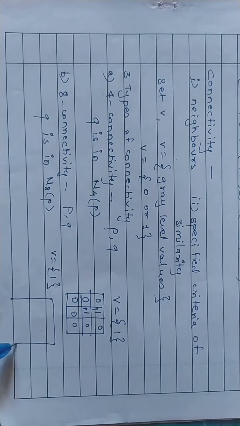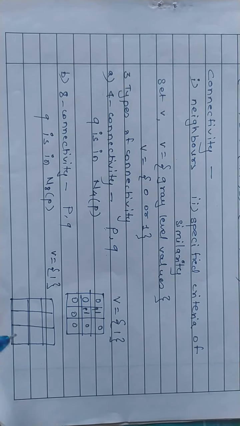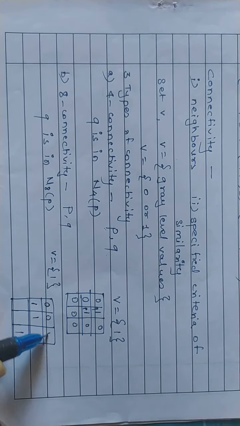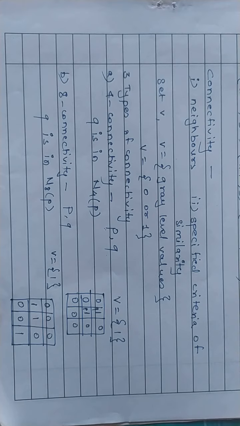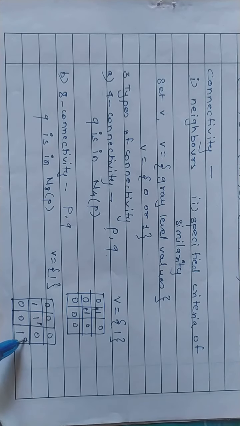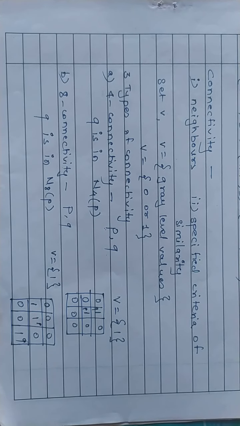Again we'll consider a 3 by 3 image like this. Here these values will be considered as 1 and the rest of the values will be considered as 0. Let's consider initially this is pixel P and this is pixel Q. First of all we have to identify whether pixels P and Q satisfy the set V values. So yes, V is equal to 1, pixels P and Q are both equal to 1.